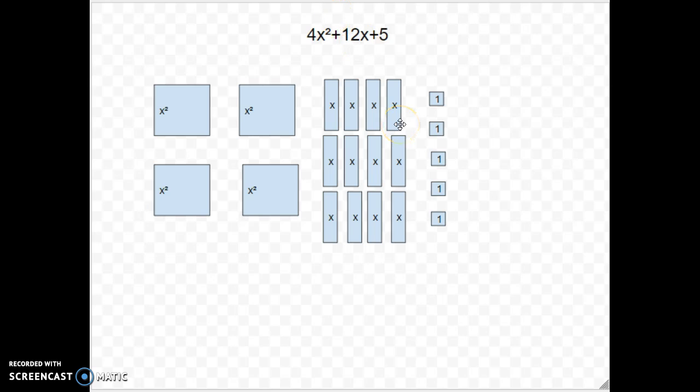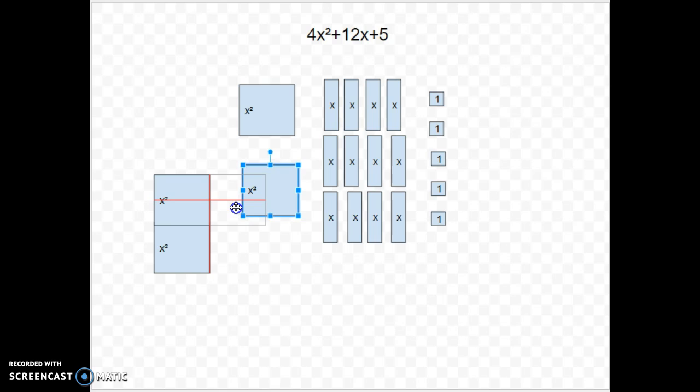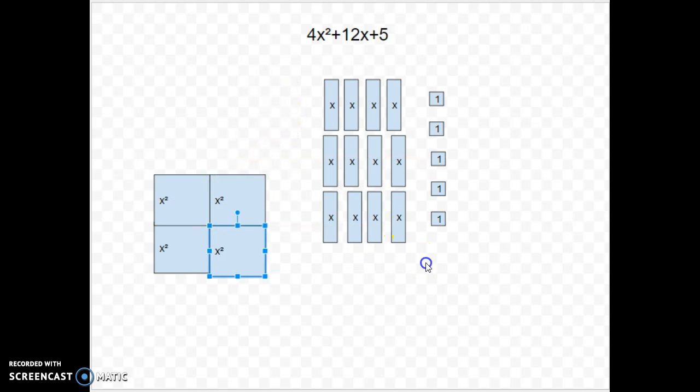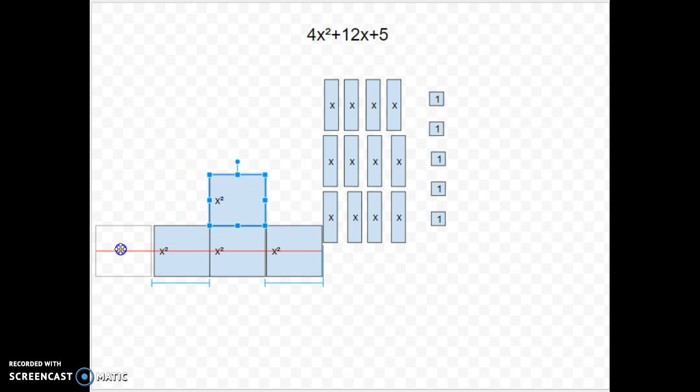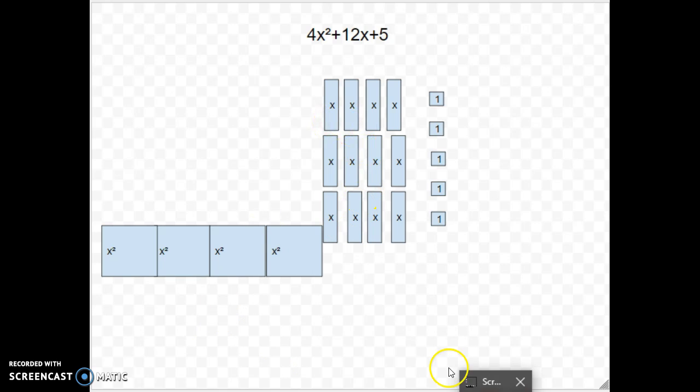So when you're using blocks, it's more of a guess and check. You use different formations, say put this over here, and this over here, and you can try this formation, or that doesn't look right. Okay, let's try this formation, and then you fill in the gaps with the rest of the blocks.